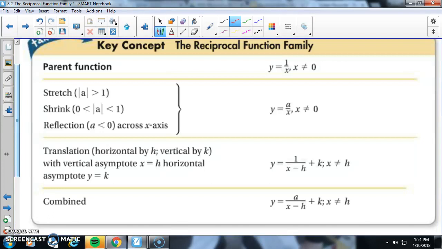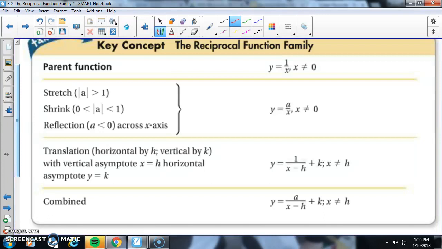Translations: H is on the bottom with x, and it's always minus, so that's when we have to think the opposite. So if it's positive, we would be going to the left, and if it's negative, we would be going to the right. K is our vertical shift, and that is up and down. If K is positive, we're going up. If K is negative, we are going down.